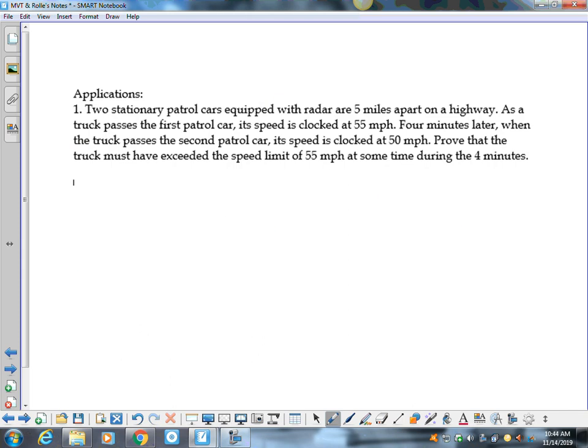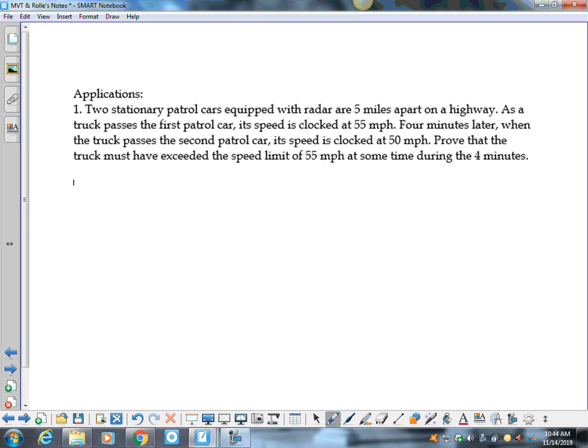Okay. All right, applications. I cannot stress enough how important it is for you to go through every single problem on the homework because these can be a little tricky and you need to get used to what has to be written for these. So this says 2 stationary patrol cars equipped with radar are 5 miles apart on a highway, and they're parked.